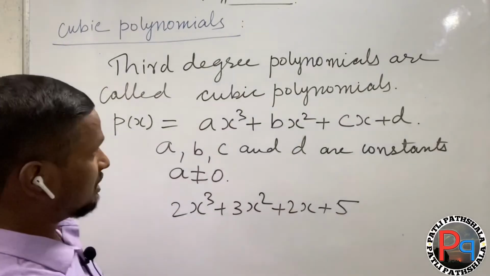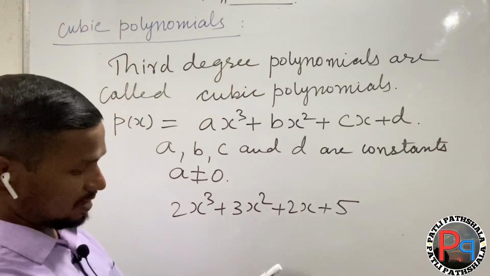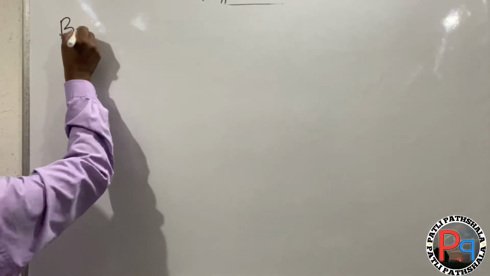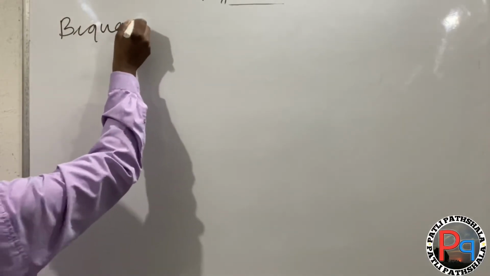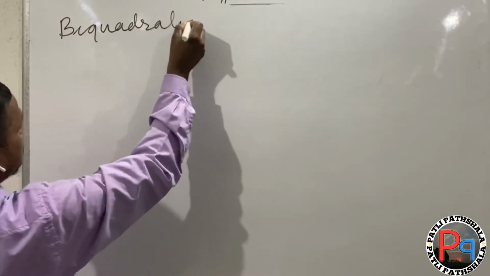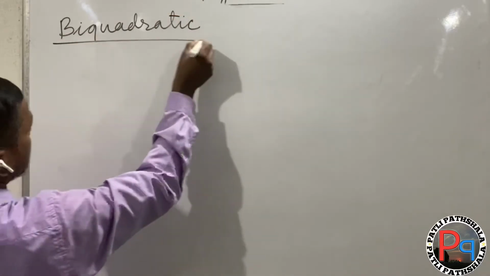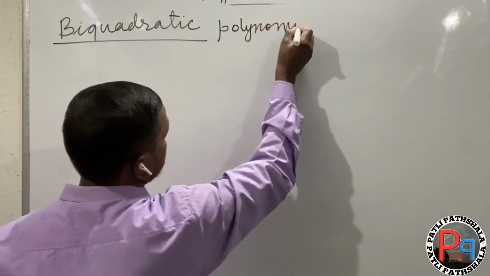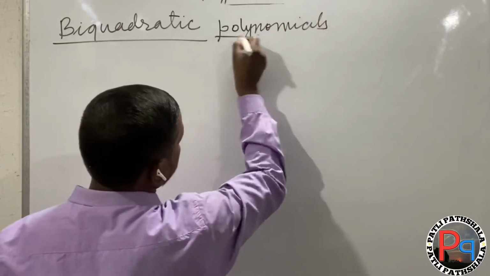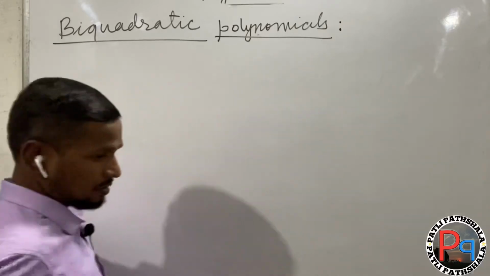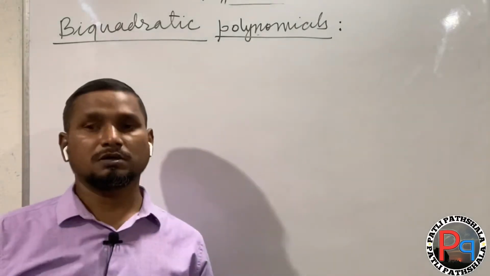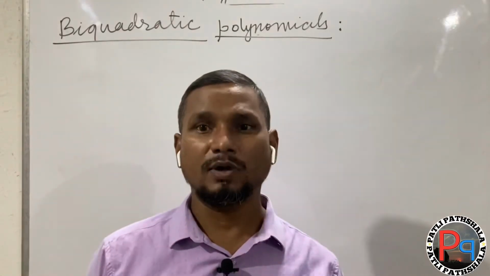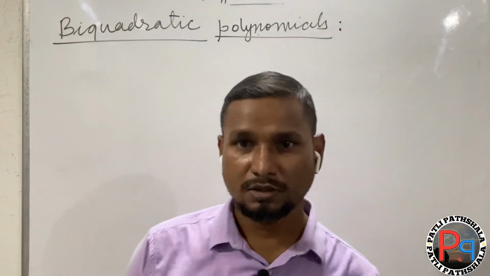One more polynomial we will discuss here, and that polynomial is called biquadratic polynomial. Those polynomials in which the maximum power of variable is 4 are called biquadratic polynomials.